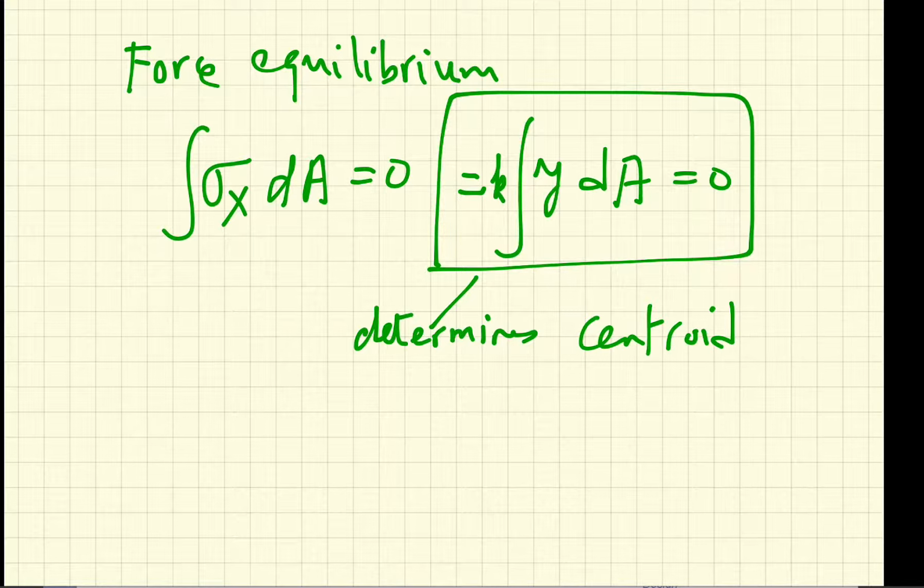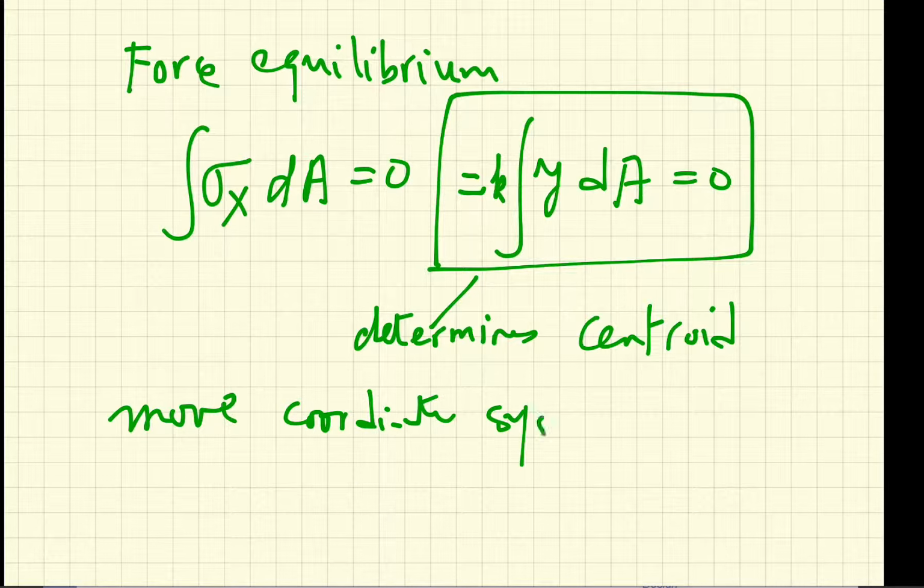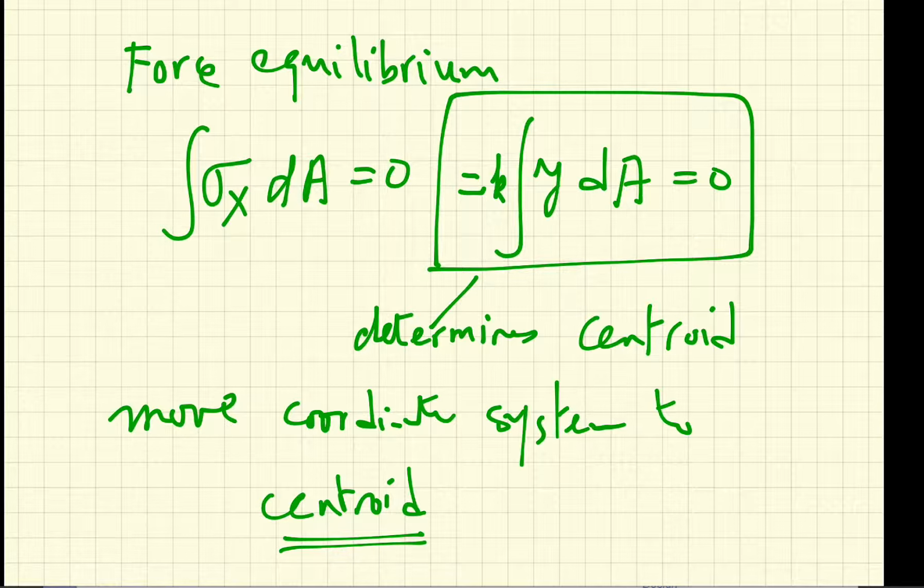So if we now move the coordinate system to the centroid, then we actually have force equilibrium already assumed. And we take the neutral axis to coincide with the centroid in that case.